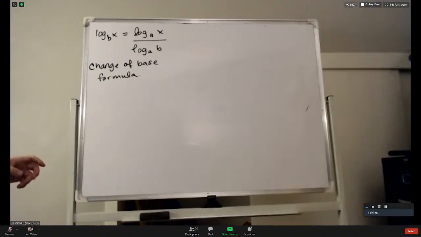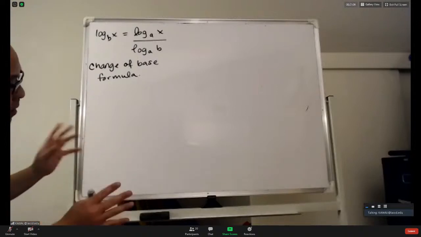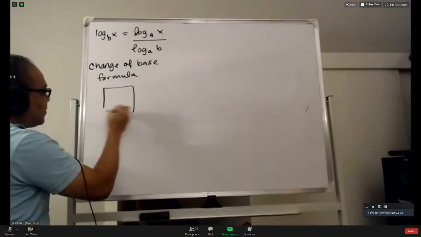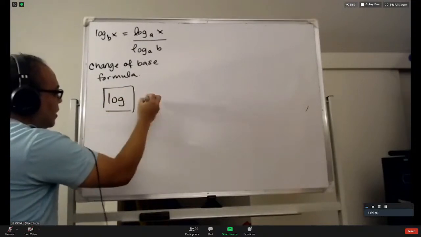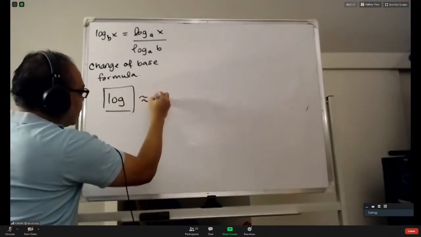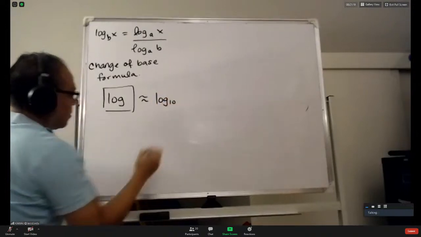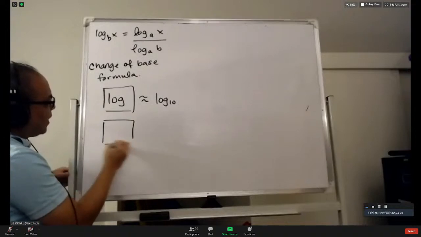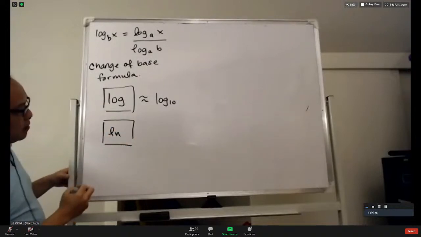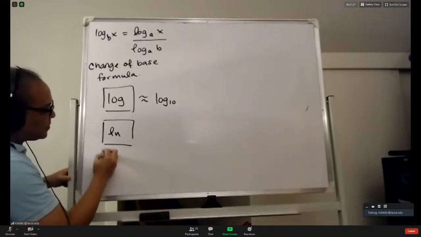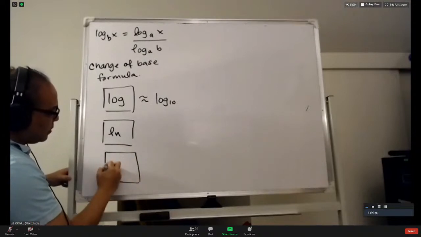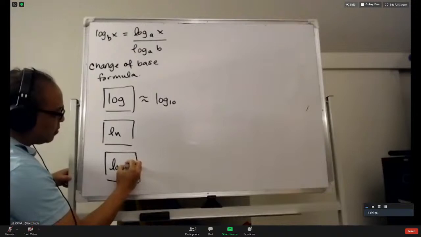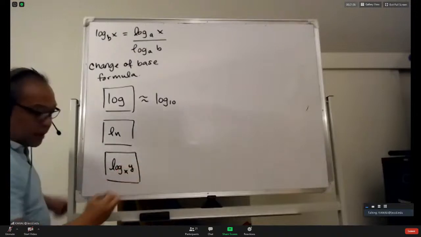Okay. Now, different calculators have different buttons. Some will just have something that says log. And usually, this is log base 10. Some of them will just have ln. And some of them will have something that looks like log x y.